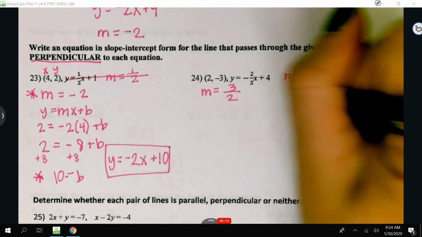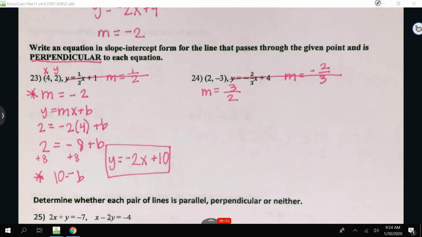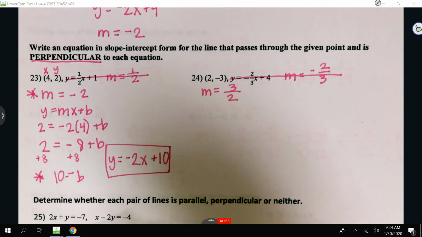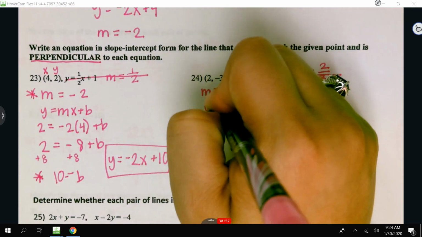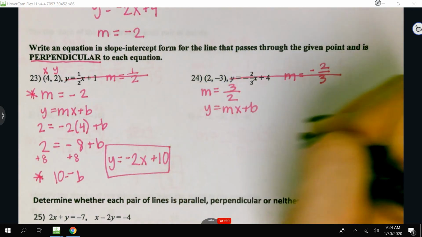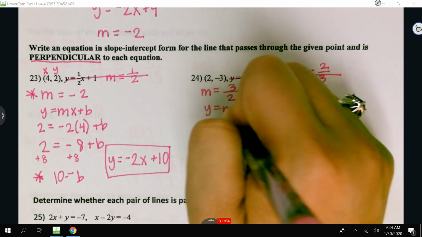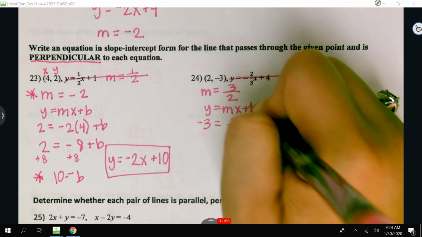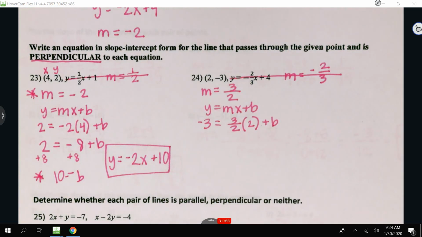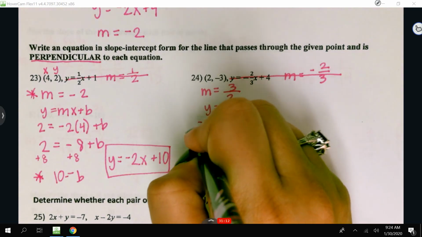Do I need any of this anymore? No. So now you're just plugging it back in. Y equals negative 3, m is 3/2 times x, which is 2, plus b. So what's 3/2 times 2? Just 3.